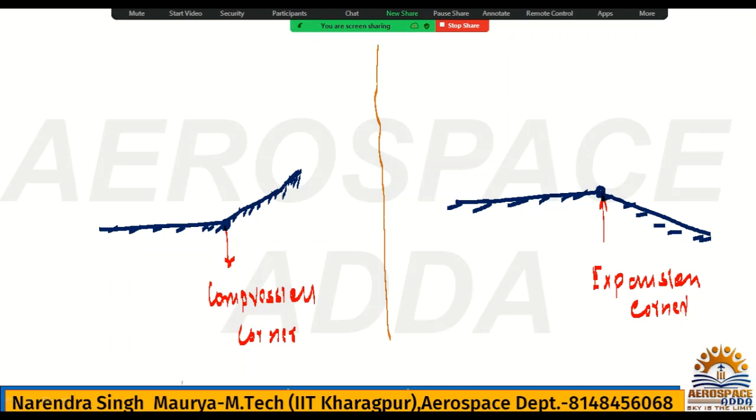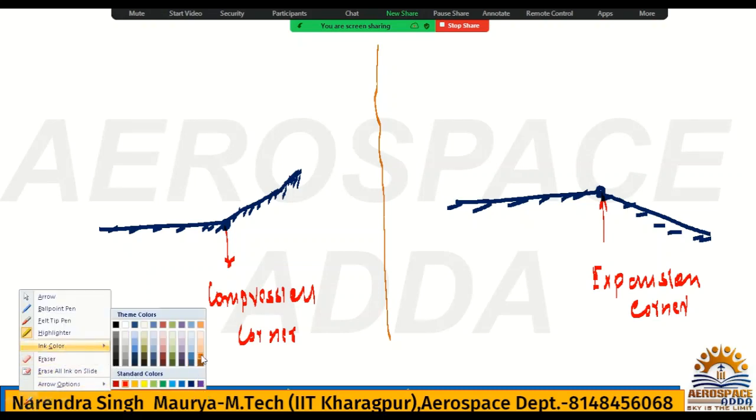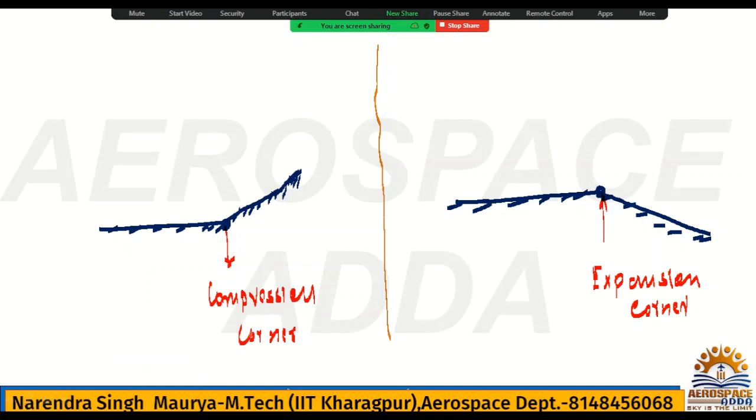Now, see, just for understanding, I am explaining this so that it will be more clear to you. If this is the corner, obviously this corner and this surface will be making some angle, and this angle is called the wedge angle, which is nothing but theta. And here also from the horizontal, this is also making an angle, theta, downside.